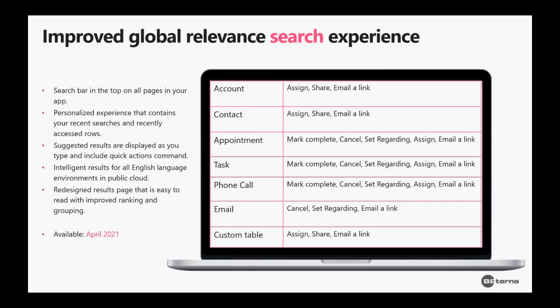If we have activities like an appointment, a task, or a phone call, of course, you can mark them as complete. You can cancel them so you don't have to open a certain task. That's, I think, really useful. Or set regarding to attach it to a certain record. If we have an email, again, we can set regarding directly from the quick results pane or the redefined search page.